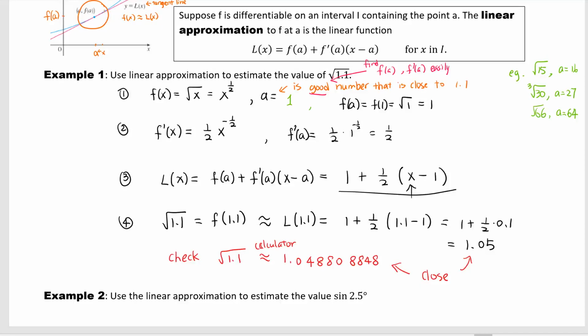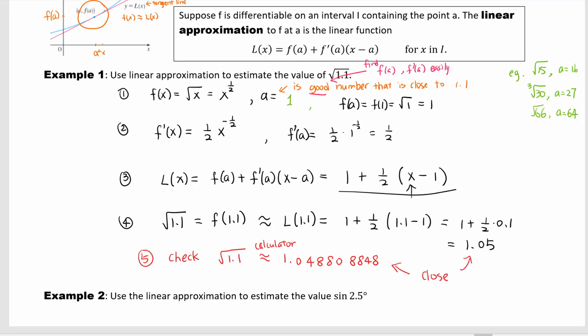Okay, and step 4, we can then estimate our value and figure out what the x is. Okay, and then you put that x value into our tangent line equation. And then step 5, you can check your work. So see whether they're close. If they're not close, maybe something is wrong, go back and check your work.